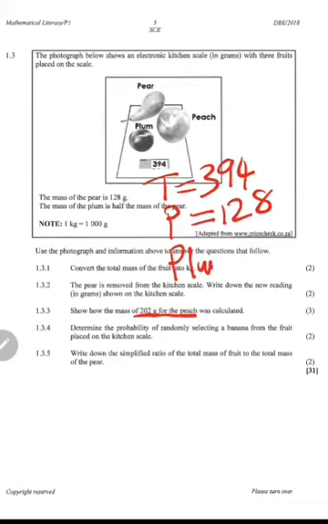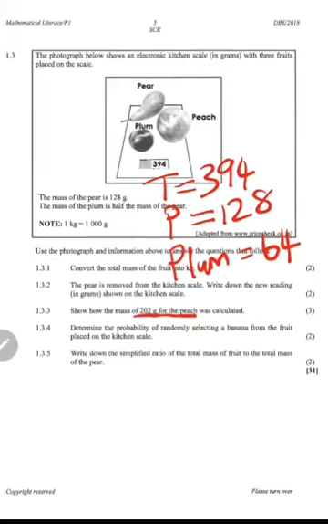So the plum equals half of the pear, which is 128 divided by 2, giving us 64. So these numbers are given to us: 394, 128, and 64. But they don't tell us the peach value in the question. Only now at question 1.3.3 they tell us it is 202 gram. But how can we get to this answer without knowing it from 1.3.3?